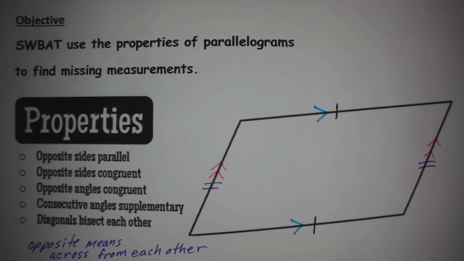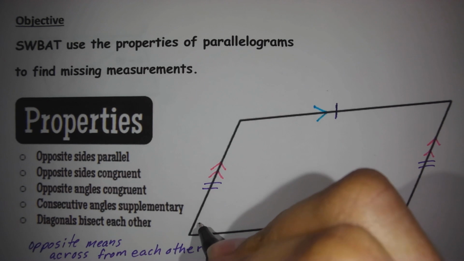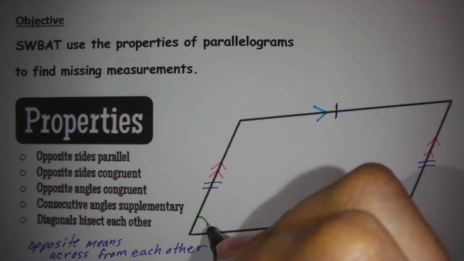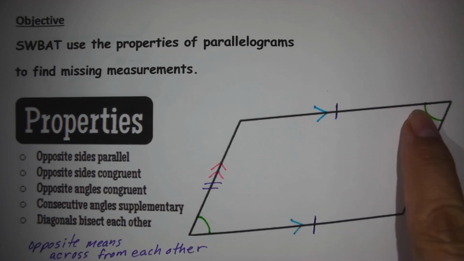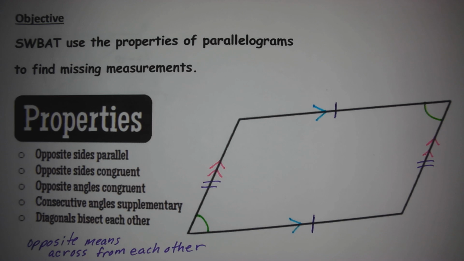So opposite angles, meaning angles across from each other, are congruent to each other. So this angle is congruent to this angle. These are across from each other, so those two angles are congruent.